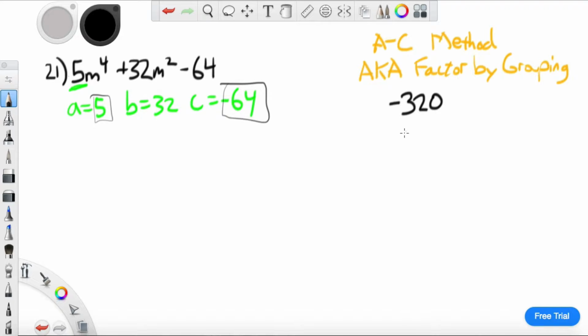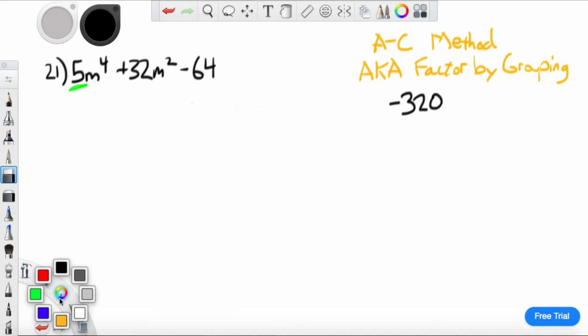Before, when 1 was your leading coefficient, you looked at your third term and asked, what multiplies to give me this and adds to give me this?